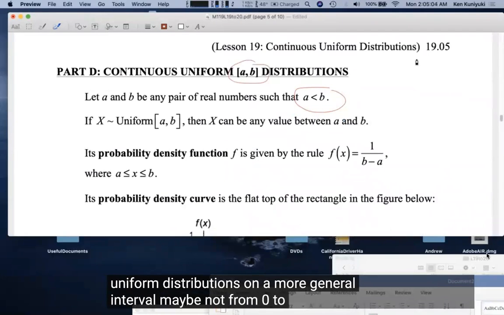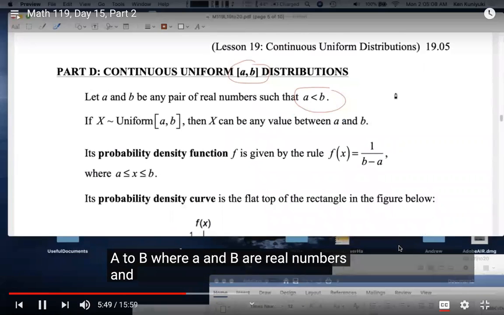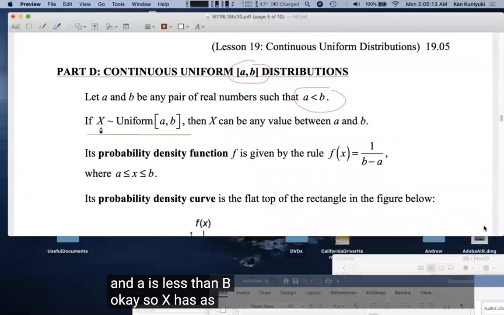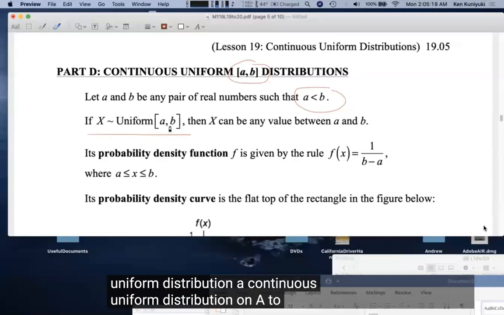Maybe not from 0 to 1, but from A to B, where A and B are real numbers and A is less than B. Okay, so X has as its distribution a continuous uniform distribution on A to B, meaning X can be any value between A and B.